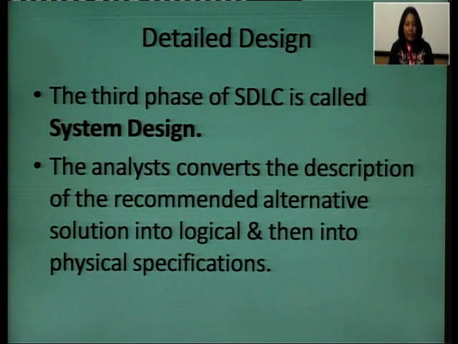The analyst converts the description of the recommended alternative solution into logical and then into physical specifications. That is the detailed design.